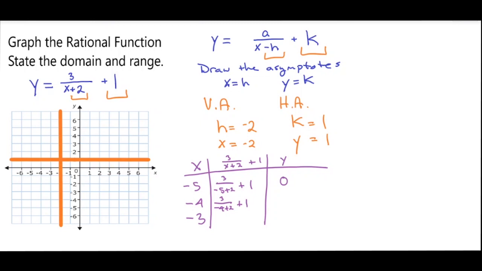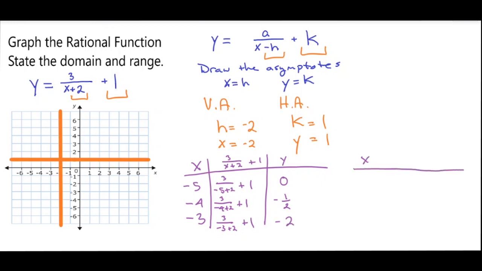Negative 4 plus 2 is negative 2, so that would be 3 over negative 2, so that's negative 1.5, plus 1, so that's negative 1/2. And then finally I have 3 over negative 3 plus 2, plus 1. Well, negative 3 plus 2 is negative 1, so 3 divided by negative 1 is negative 3. Negative 3 plus 1 is negative 2.